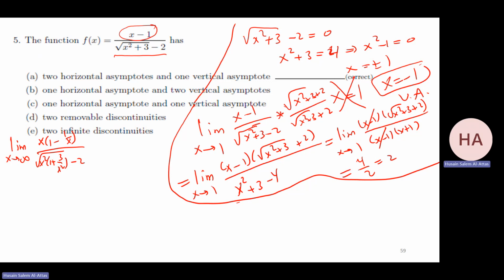Let me see what will happen. That will be the limit as x goes to infinity of x times 1 plus 1 over x.